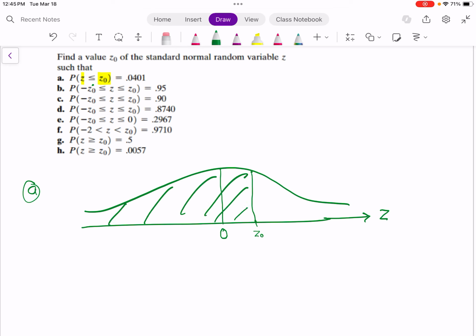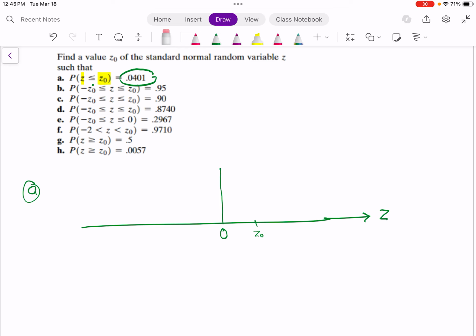Is this probability close to 0.401? It will be greater than 0.5, right? So our g naught is not on the right, it has to be on the left. So let's call our g naught somewhere here.